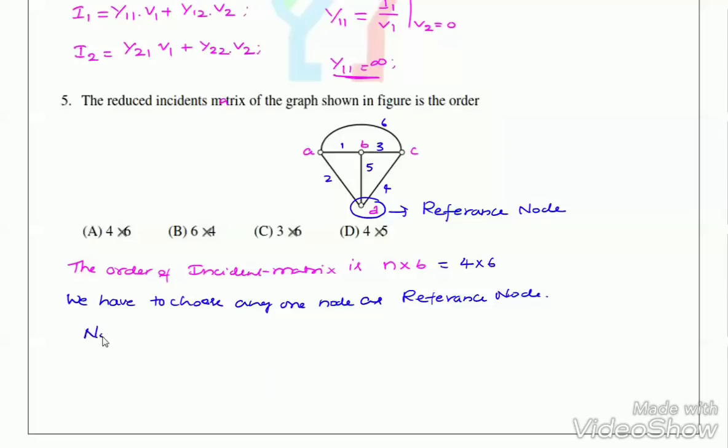Now the incidence matrix has changed its order to (n-1) into b. That implies it is a 3 cross 6 matrix. If you draw the matrix here, we'll have nodes 1, 2, 3 and elements 1, 2, 3, 4, 5, 6. The order of the matrix is 3 cross 6 and option C is the correct option.